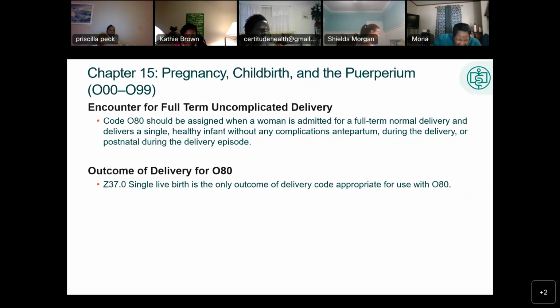It is only to be used when a woman is admitted for a full term normal delivery and delivers a single healthy infant without any complication antepartum, during the delivery, or postnatal during the delivery episode.